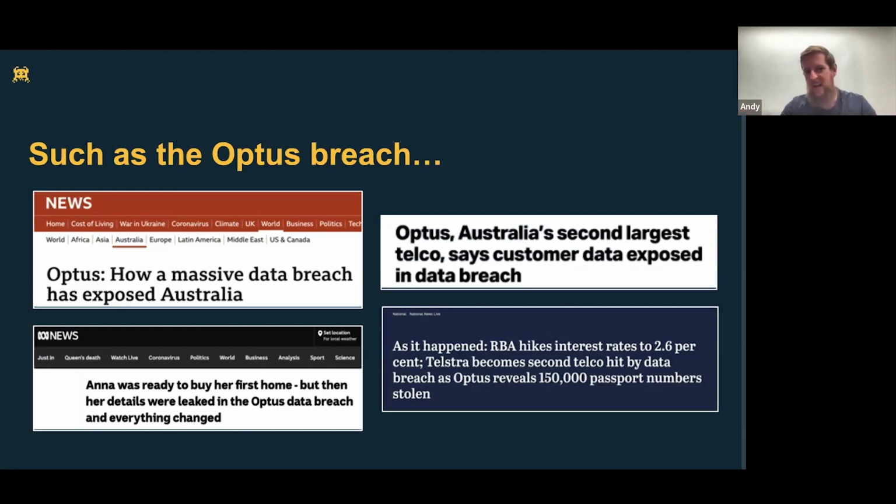It hit headlines everywhere. It hit headlines in the BBC in the UK, ABC in Australia, and it was I suppose a firestorm that happened over a significant period of time as well.